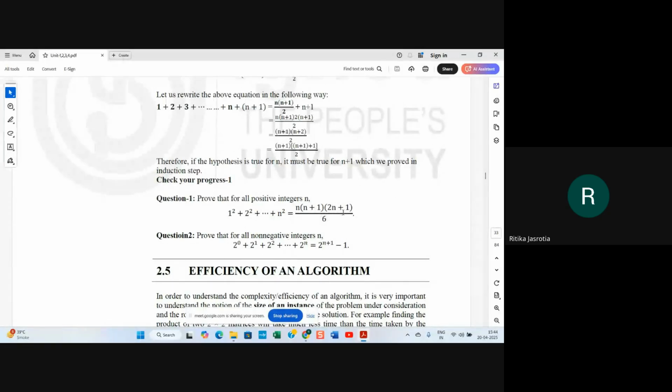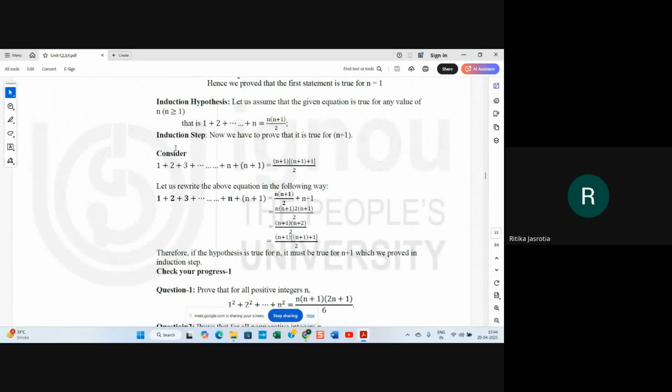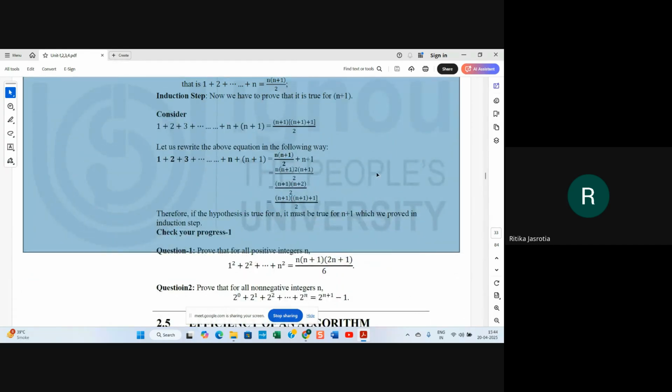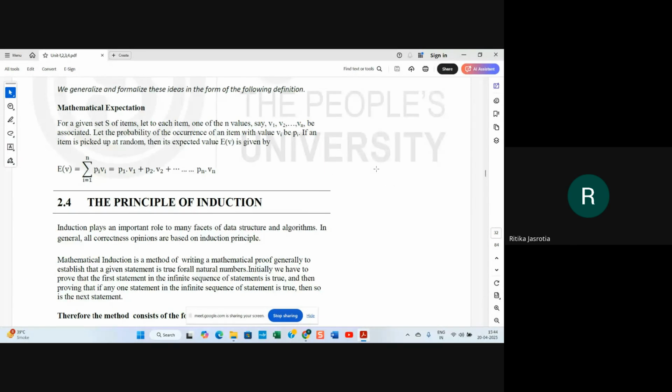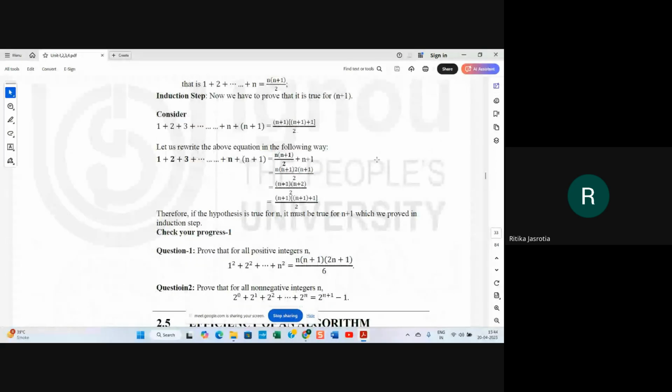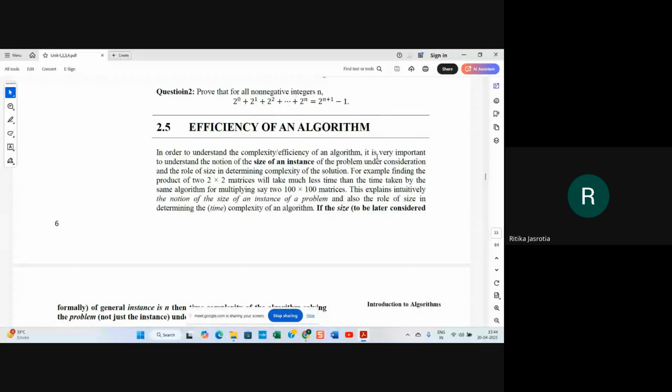Then in the induction step you will say that if we add n plus 1, the equation will be like this, and you keep this one and add n plus 1 and see that it results in this same equation. That is how you do it. This is how you do induction. This is what mathematical induction proof is. That is what they are talking about, right?